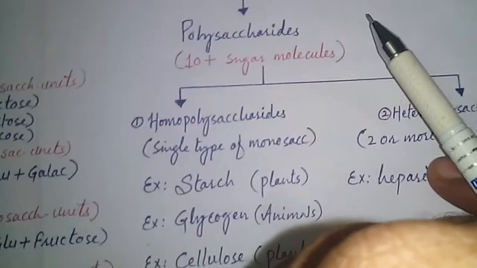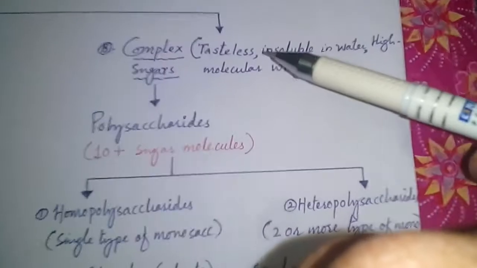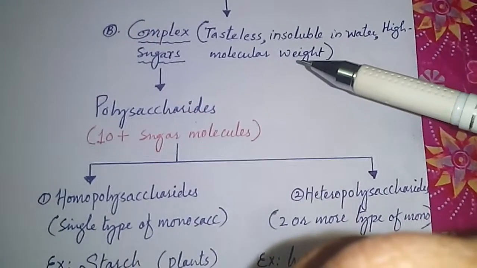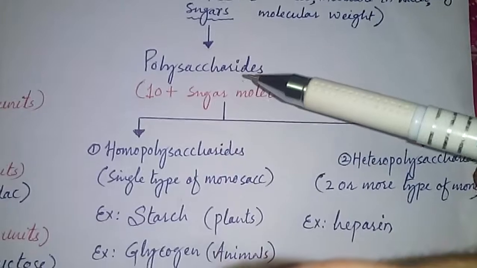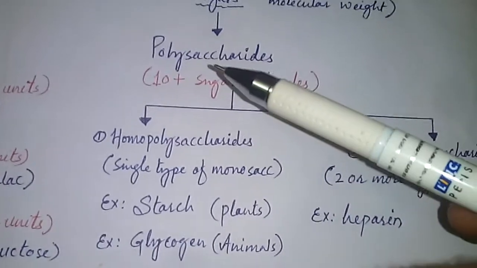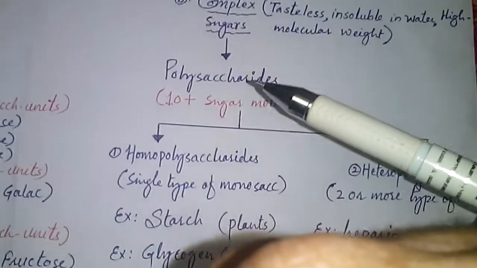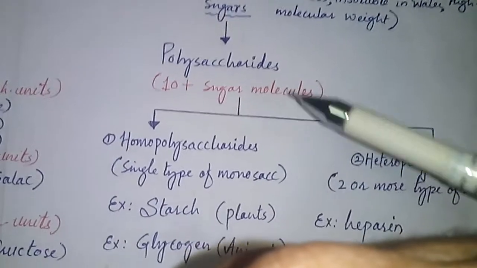Then the last type of carbohydrates, the complex sugar, which is tasteless, insoluble in water, and has a high molecular weight. This complex sugar is polysaccharides. Poly means many. Polysaccharides are the type of complex sugar which contain more than 10 sugar molecules.